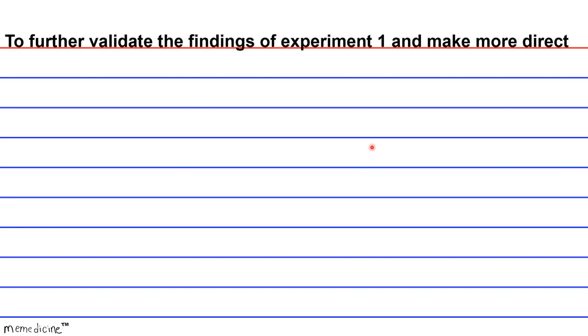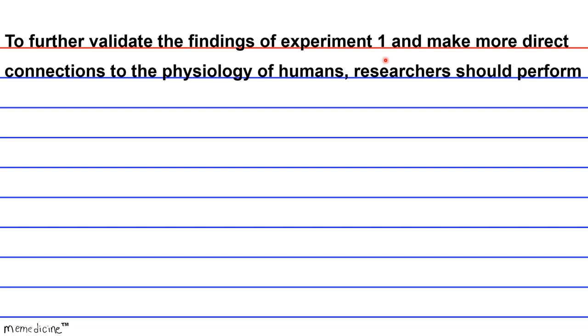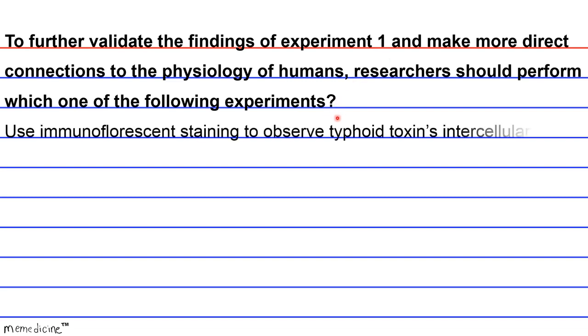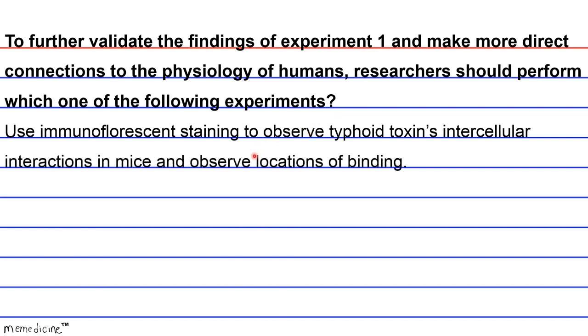To further validate the findings of experiment 1 and make more direct connections to the physiology of humans, researchers should perform which one of the following experiments? Is it A, use immunofluorescence staining to observe typhoid toxin's intercellular interactions in mice and observe locations of binding?